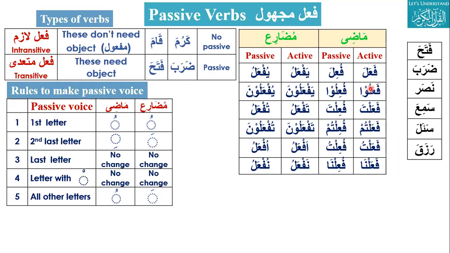Fataha becomes futiha, futiha, futihu, futihta, futihtum, futihtu, futihna, and yaftahu becomes yuftahu. Yuftahu, yuftahuna, tuftahu, tuftahuna, uftahu, nuftahu. Very good.